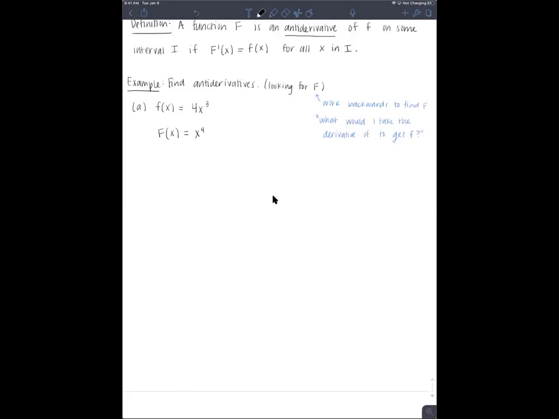And so if we do another example, so if I give you that little f is equal to secant squared of x, what did you have to take the derivative of to get secant squared?